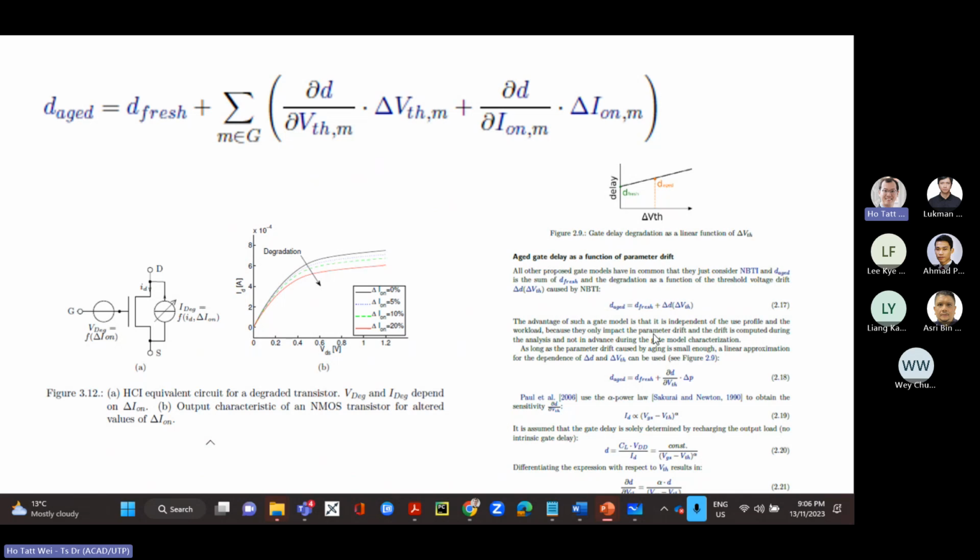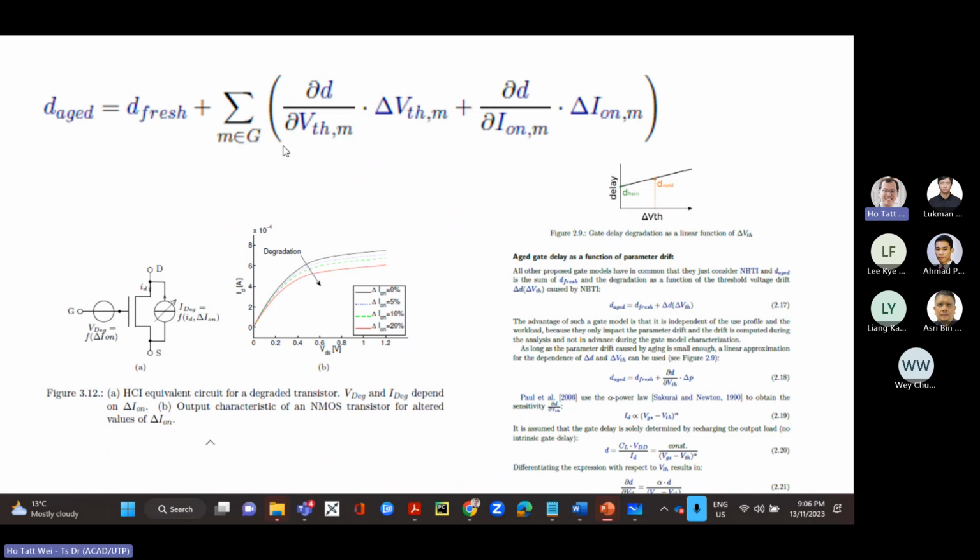And here there is some derivation in the book that actually shows you this parameter. You can actually calculate it in terms of alpha, delay, VTH, and VDD. So if you can model this delta Ion as a delta VTH, basically I'm giving you a way to estimate this entirely by equation.